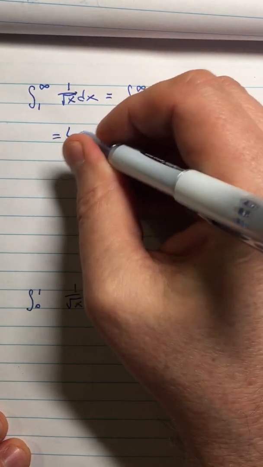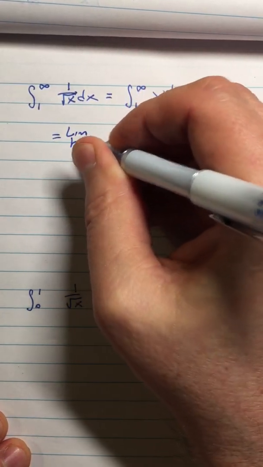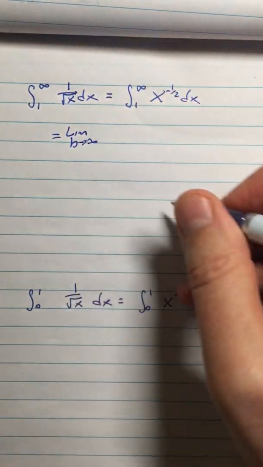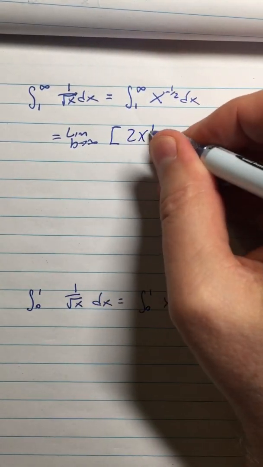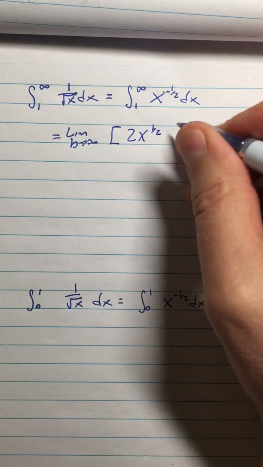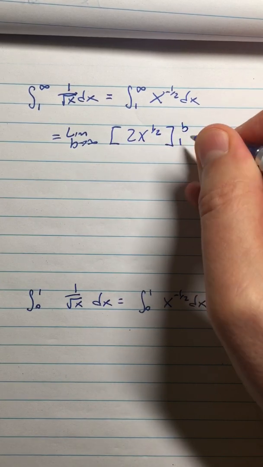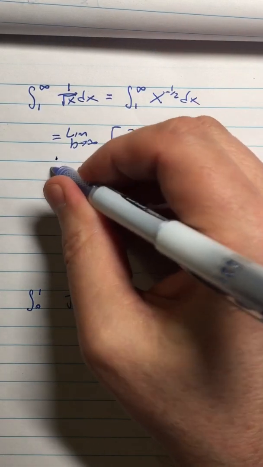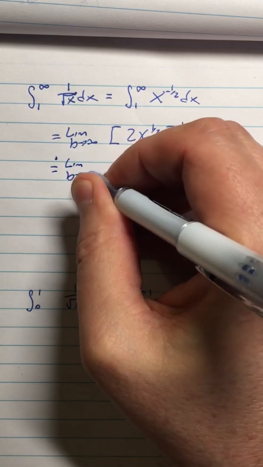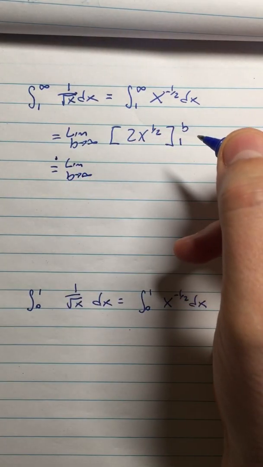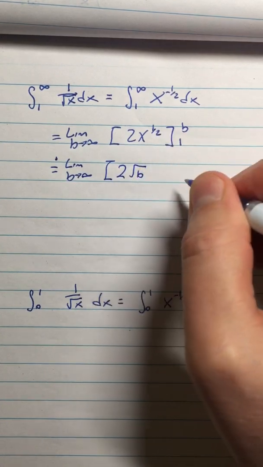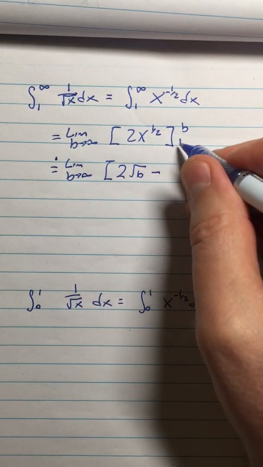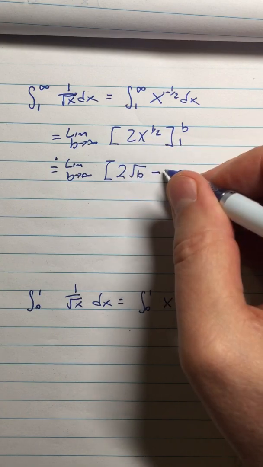So this one equals the limit as b approaches infinity of, so the antiderivative of this is 2x to the 1/2. And we're going from 1 to b. So that is the limit as b approaches infinity of 2 square root b, writing the x to the 1/2 back as a square root, minus, if I put in the 1, I get square root of 1 times 2 is 2.